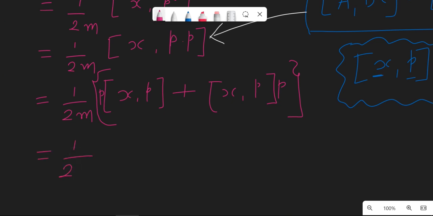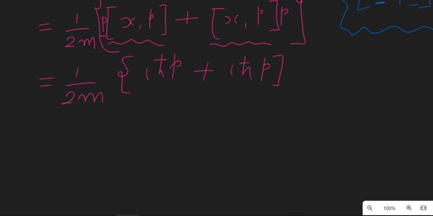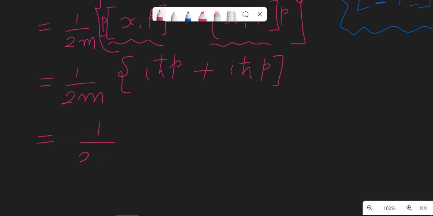It will be 1 upon 2m, this P as it is, and this x comma P will be i h cut, so it will be i h cut P, plus this is also i h cut and this P as it is, so also i h cut P. 1 divided by 2m times 2 i h cut P, so this 2 and this 2 cancel and you are left with i h cut P over m.